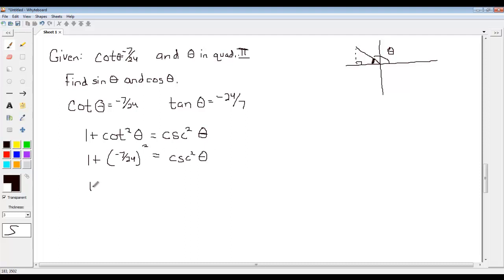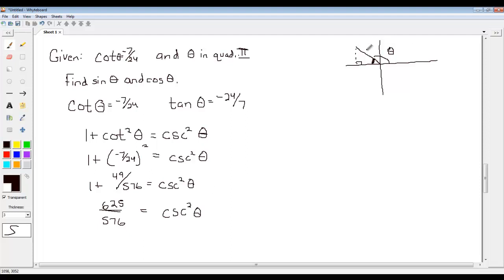So 1 plus 49 over 24 squared, which is 576, equals cosecant squared theta. 576 plus 49 is 625, so 625 over 576 equals cosecant squared theta.